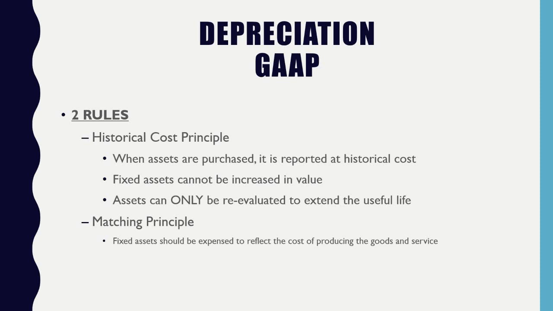When you sell it, which we'll talk about in chapter 11.5, and you get rid of your asset, is when you actually determine what the true value of the fixed asset is. But right now, your rule here is you need to record it for whatever value it is at the time that you purchased it. The second one is the matching principle, because for every dollar that you purchase the fixed asset, you have to have the equal amount of depreciation. So you're matching the depreciation, which is an expense, to the fixed asset itself.